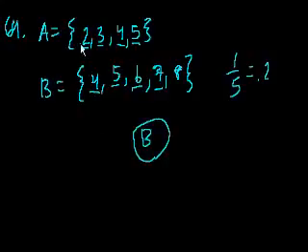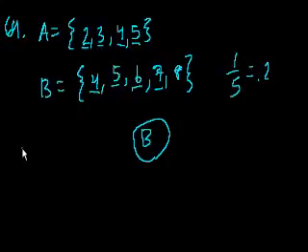You can say, look, I don't care what I pick from set A. I can pick any of these, and in order for it to add up to 9, no matter what I pick from here, there's a 1/5 chance that I pick the right corresponding number, because each of these has only one that works.